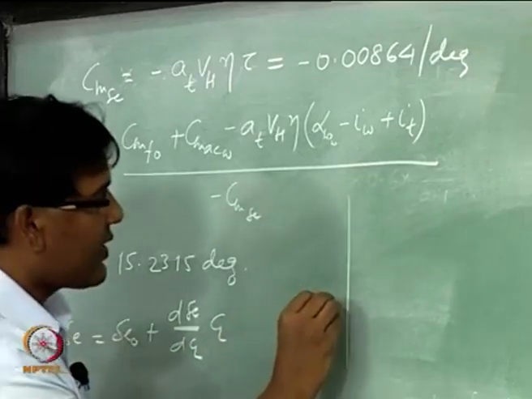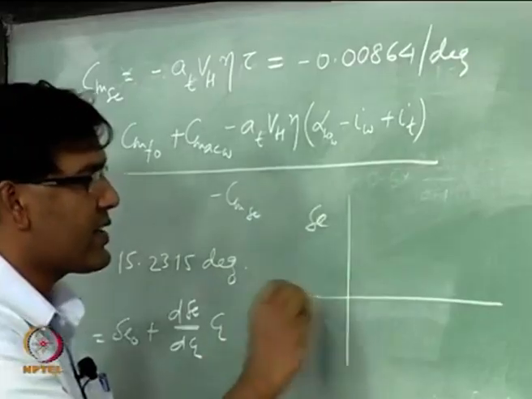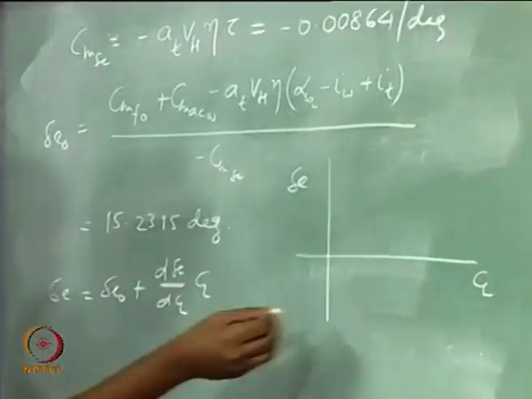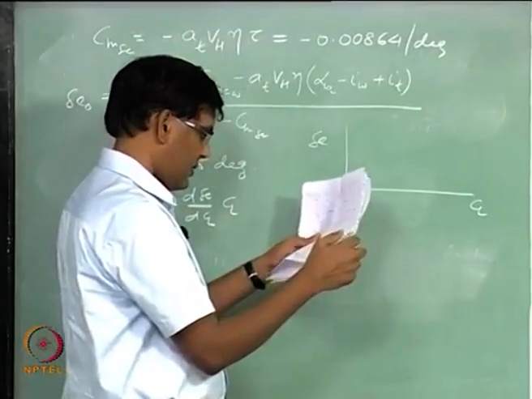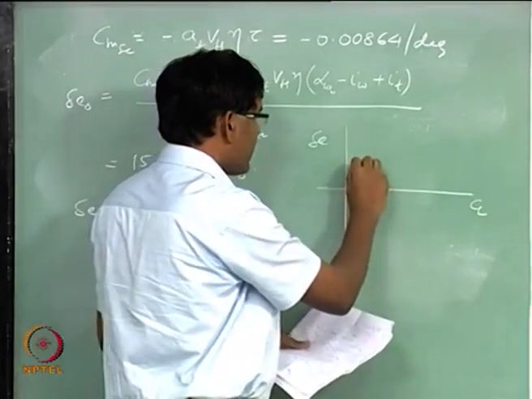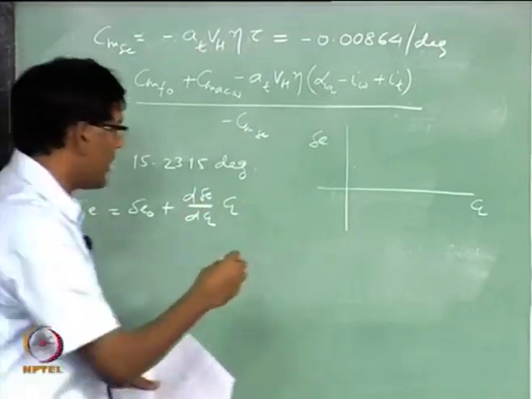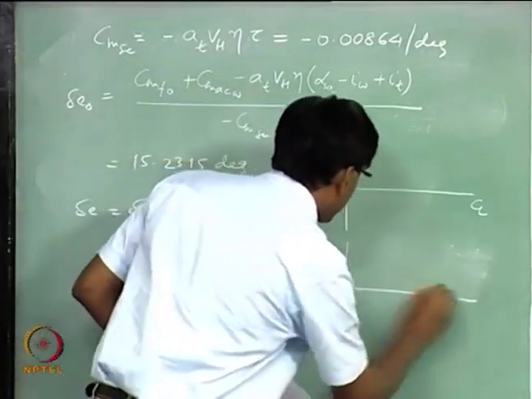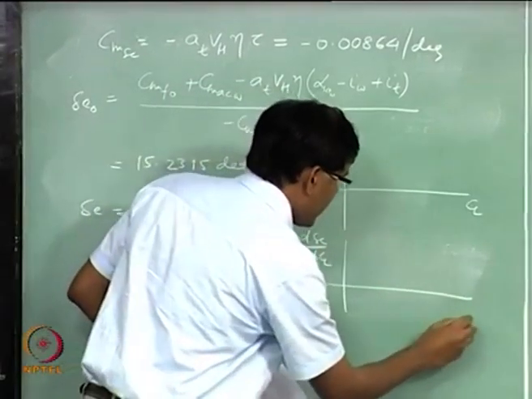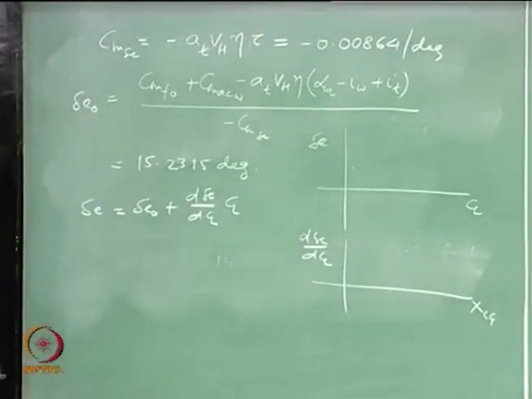If you remember, I had drawn this plot of elevator deflection versus CL, for different velocities and different CG locations, and what I did next was plot this to get the neutral point location.